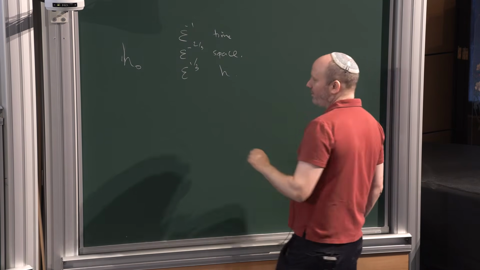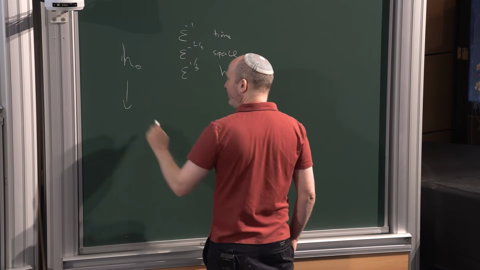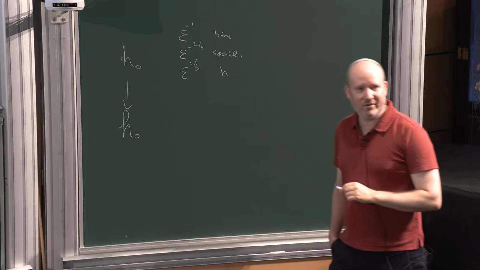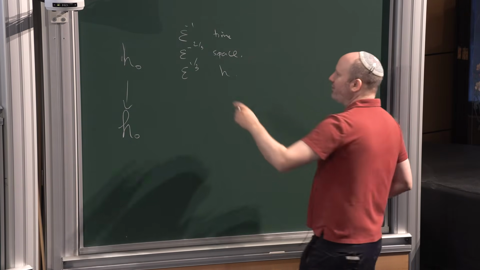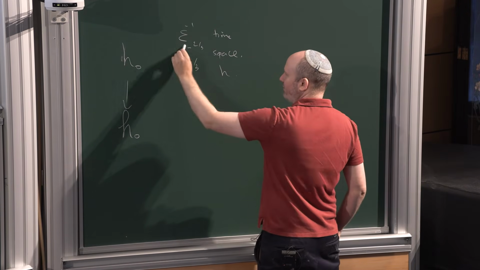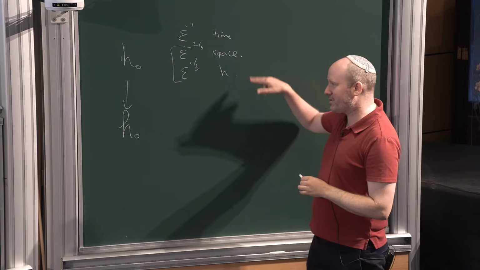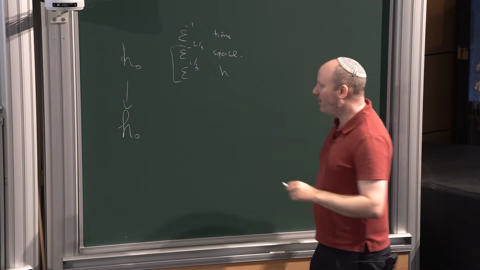Now, if H under this renormalization converges to something I'll call, say, curly H, for instance a Brownian motion, there's no time for the initial data, so it's just diffusive scaling. Brownian motion, random walk type initial data would converge to Brownian motion.